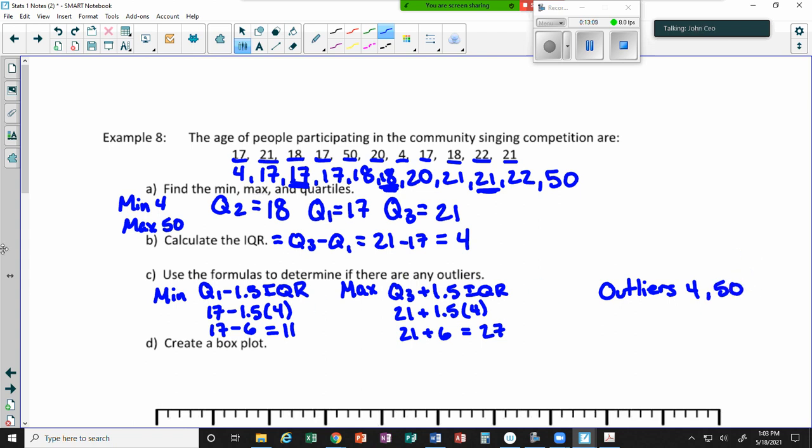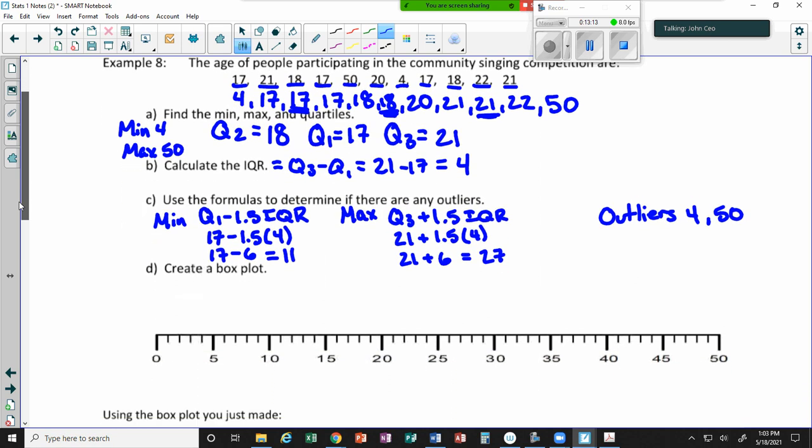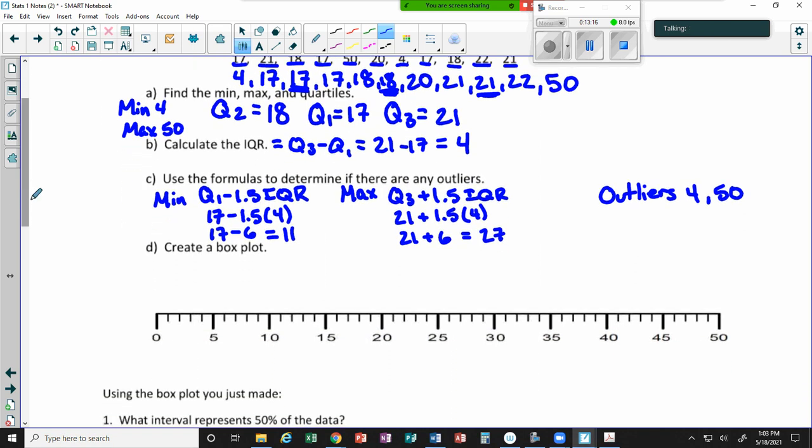So I have 2 outliers here, 4 and 50. Every time we have an outlier, we're going to put an asterisk there, an asterisk there.